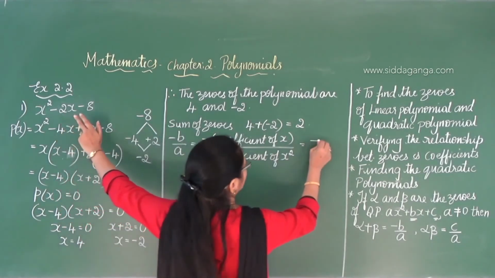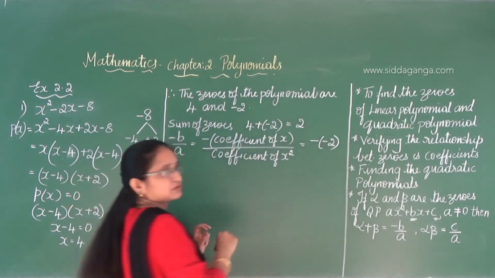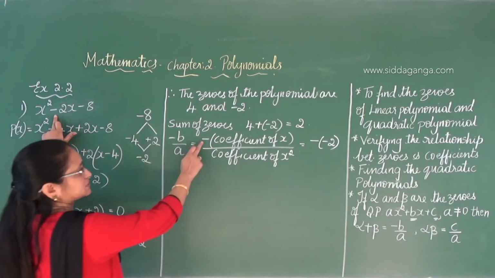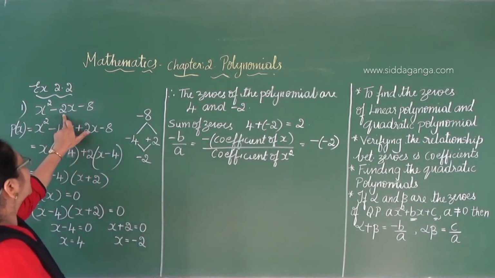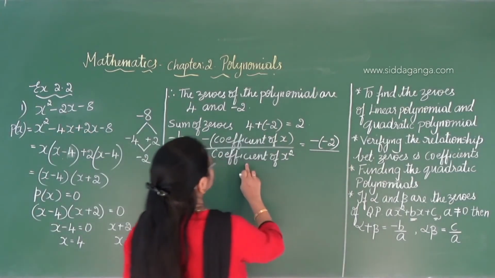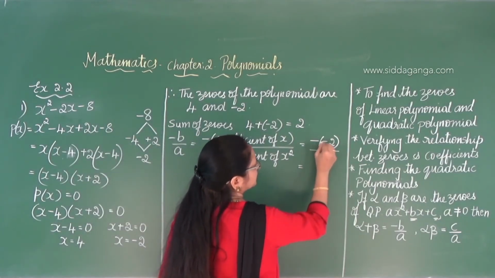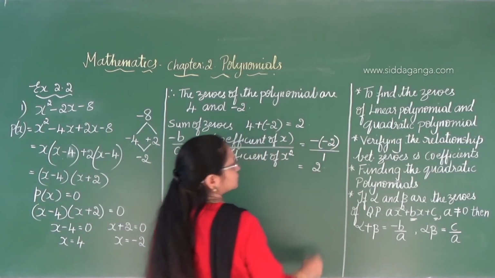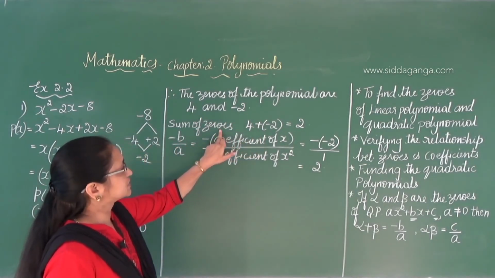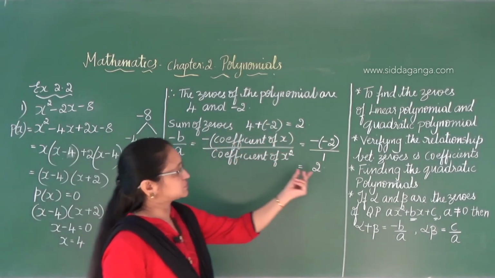Minus of coefficient of x is minus 2. So you should be careful when there is a minus sign. Minus of the coefficient of x, which is minus 2, divided by coefficient of x square, that is 1. So here what you will get? 2 by 1 is 2. Now just see, the sum of the zeros is also 2 and minus b by a is also 2.